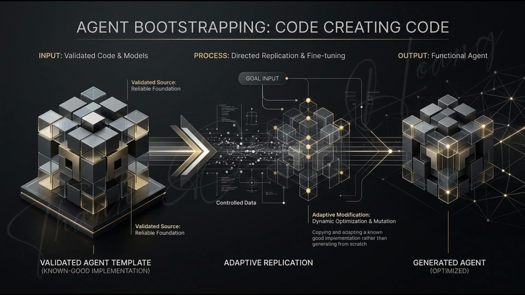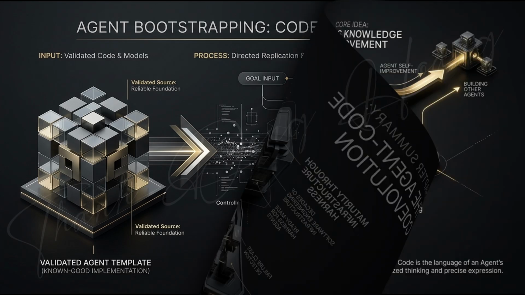Naive attempts tend to reproduce the same architectural mistakes, like ad hoc state management or outdated technology choices. The most reliable fix isn't a longer set of instructions. It's starting from a known good implementation and adapting it, much like biological replication with mutation.